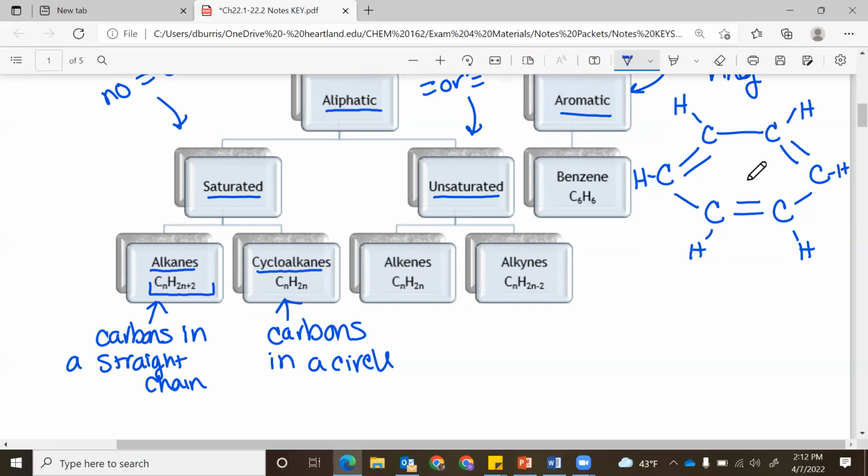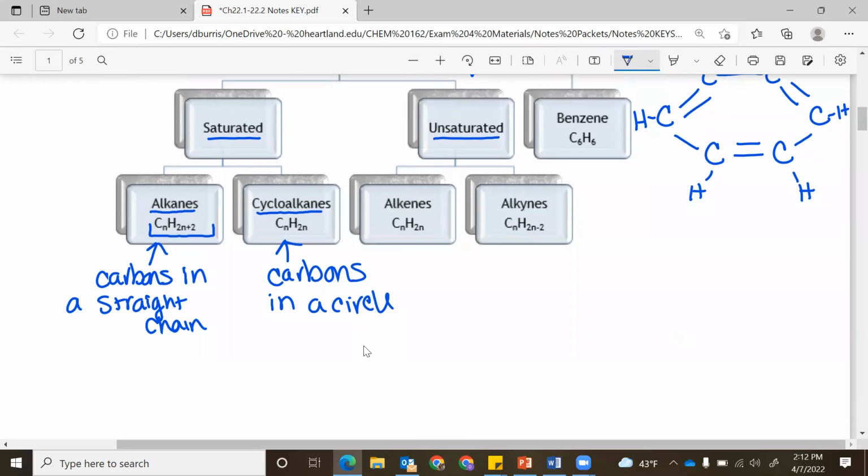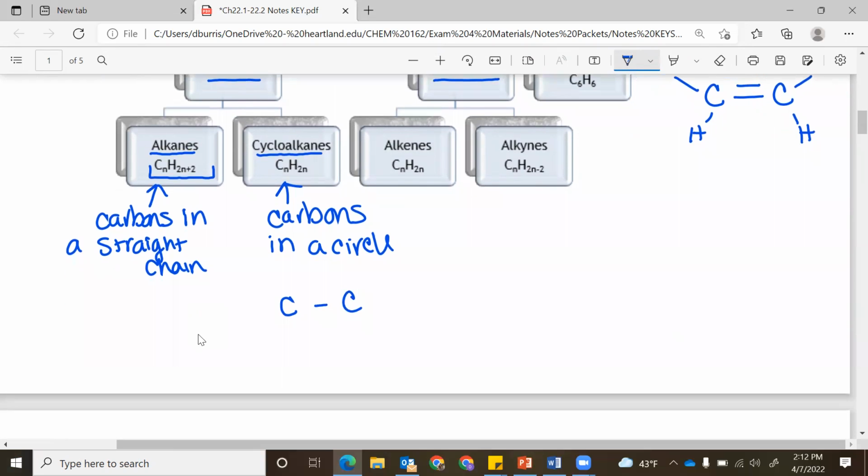So that's why benzene is not considered a cycloalkane. Cycloalkanes are just when the carbons are in a circle, and it could be however many carbons. Like this is a cycloalkane I'm going to draw down here, when all the carbons are bonded to each other, and then they have hydrogens on the outside. This would be a cycloalkane.